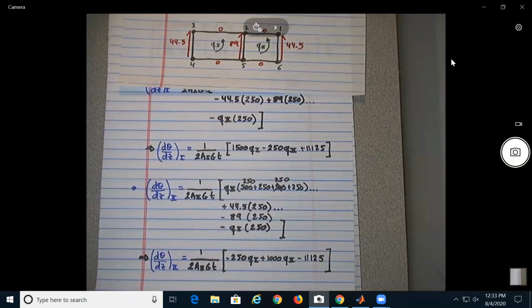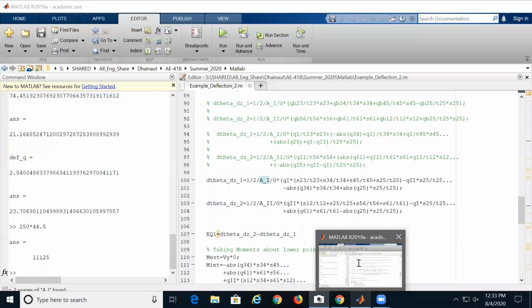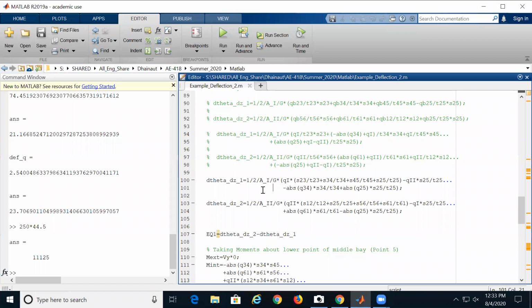Okay, so let's check very quick the MATLAB code if I've been kind of doing the same thing here or not. So let's see, this will be the first one. So I did this one all positive. So let's check minus Q2 S25 over T25 minus 34 plus Q25.